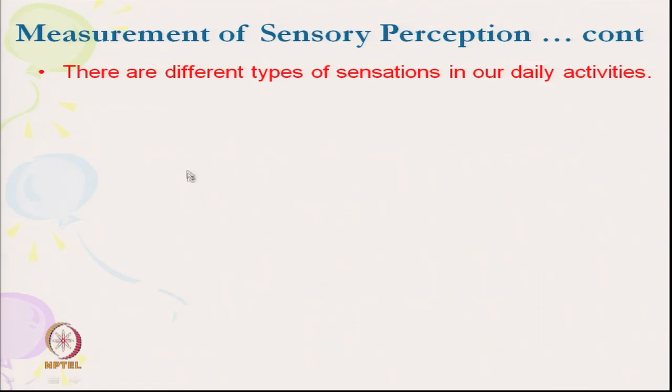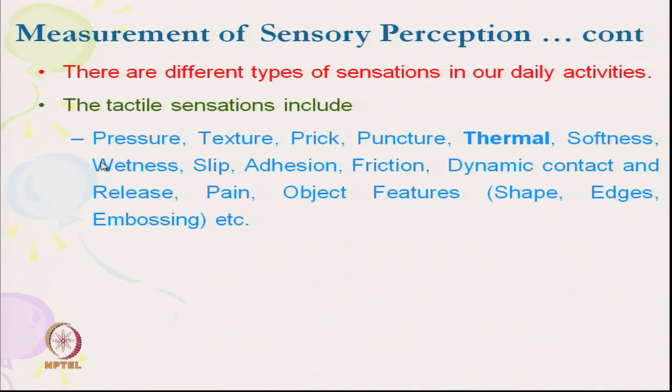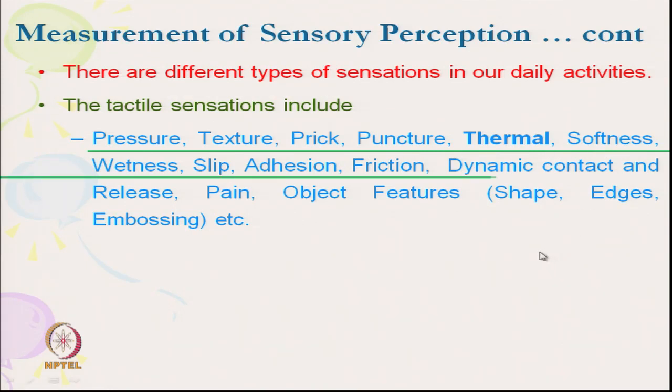And there are different types of sensation in our daily activities, okay. The tactile sensation includes pressure, texture, prick, puncture, thermal, softness, wetness, slip, adhesion, friction, dynamic contact and release.